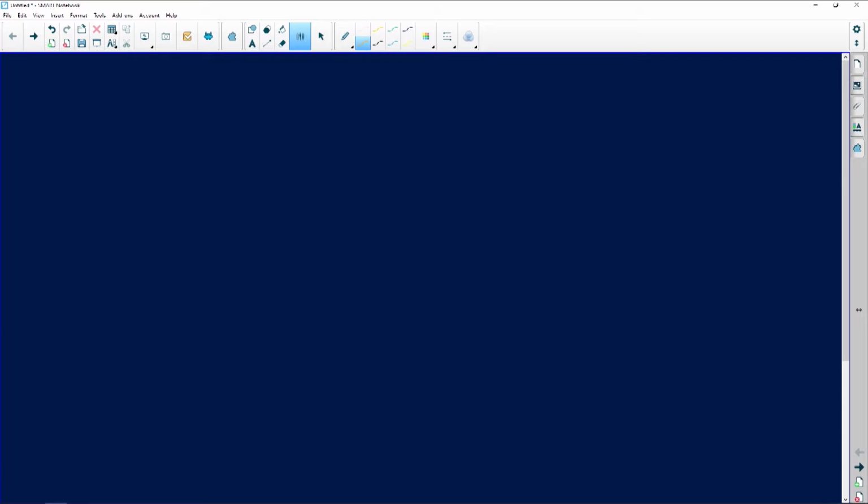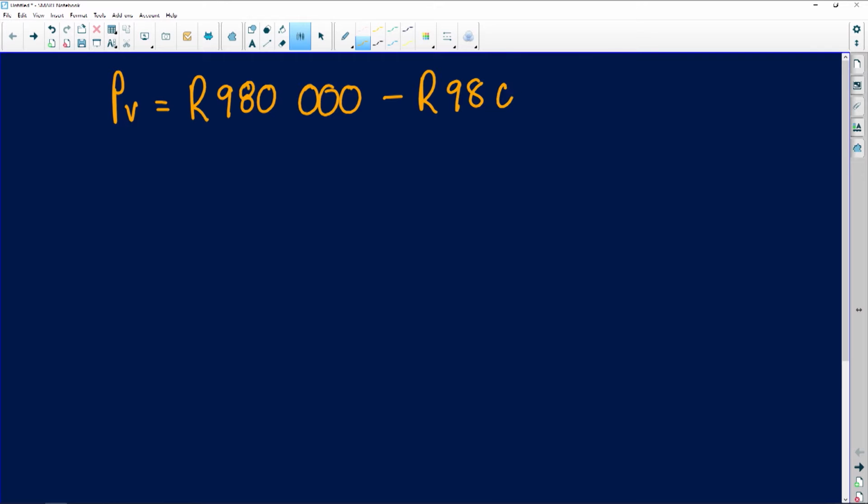Okay, so let's write down what we've learned. We've learned that the present value of the house is $980,000. Then he pays a 10% deposit, so it's $98,000. That must come off the purchase price. We can do that quite quickly, folks.